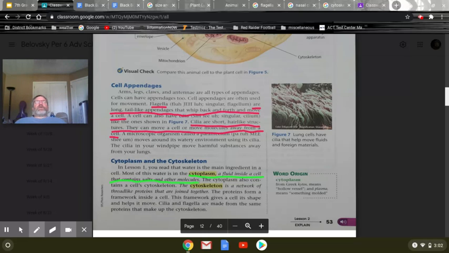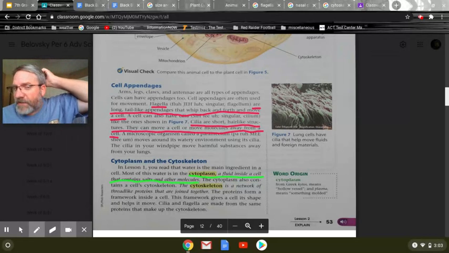Cytoplasm is the jelly-like fluid that's inside of our cells, and it helps support our cells, and the organelles are floating around in it. It has water in it. It has salt in it. It basically helps to give the organelles, the living things inside the cell, support and nutrients.